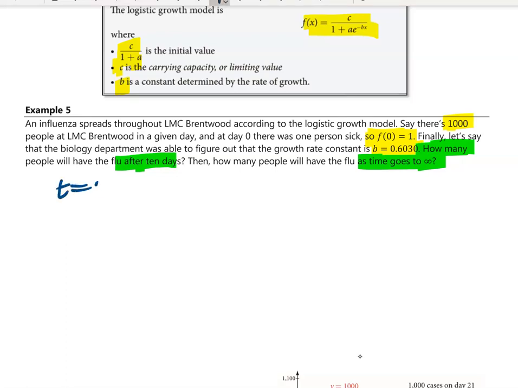So when t is equal to 0, we could say that c over 1 plus a is equal to 1, since f of 0 is equal to 1.